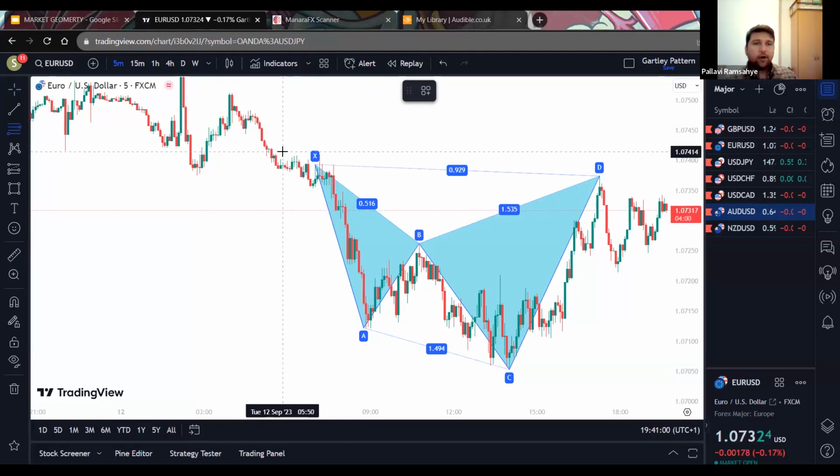Just to give everyone a hint, when you're starting off to look for a pattern, essentially all you're doing is placing the Fibonacci tool on a very strong impulsive move.